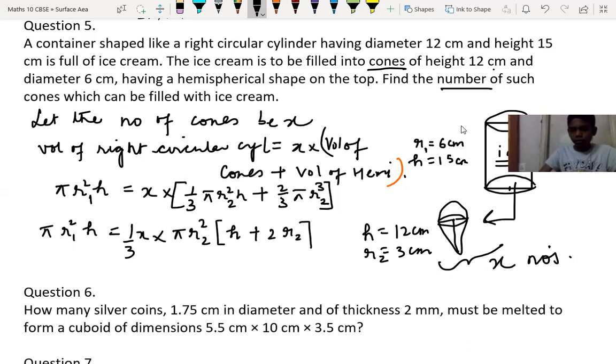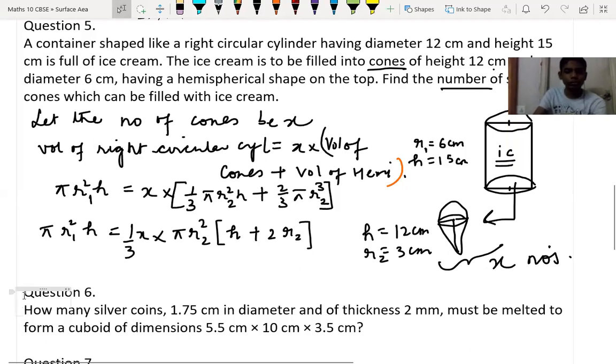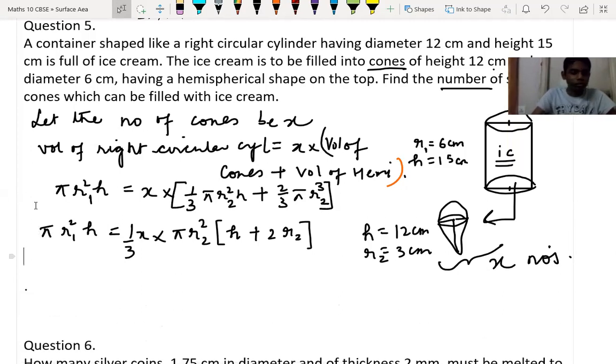This much is clear to everyone, children? Yes, sir. So next, pi and pi will get cancelled. Both sides pi and pi are given, so you can cancel pi and pi.